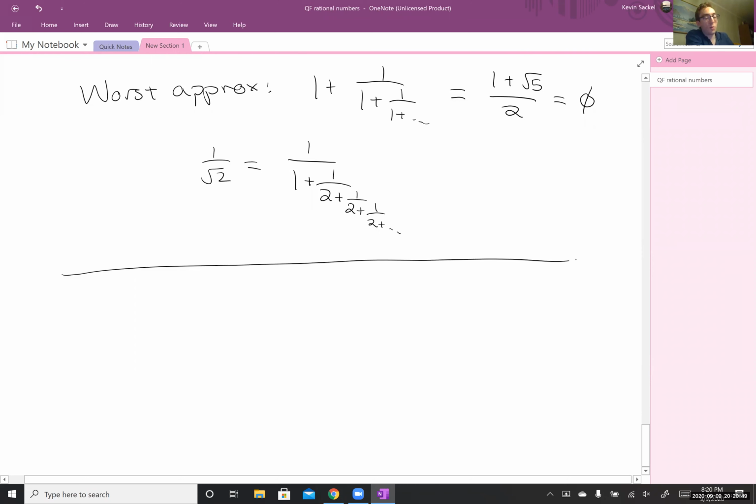So the last thing that I wanted to say, which I really wanted to say as kind of a punchline, is that there's a definition of irrationality measure. So if x is in R, we define mu of x to be the irrationality measure.